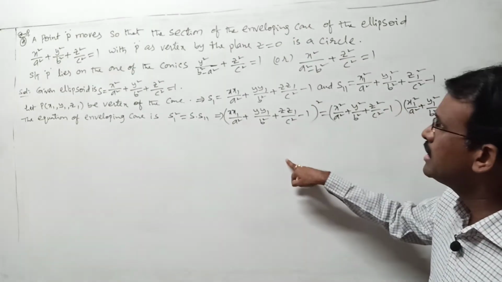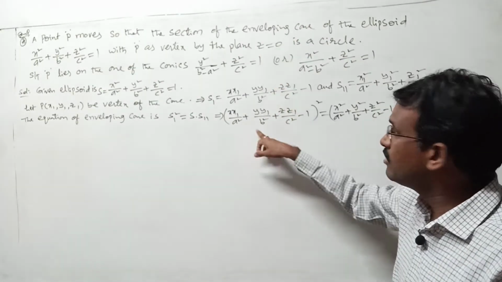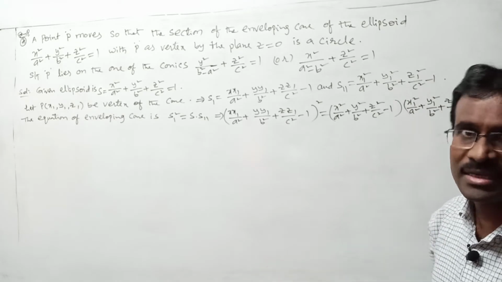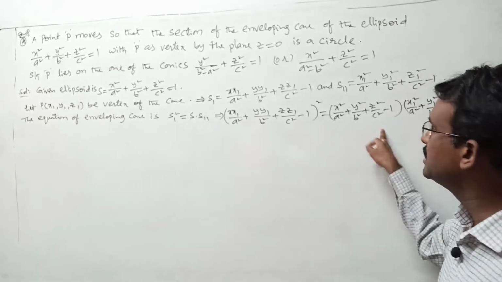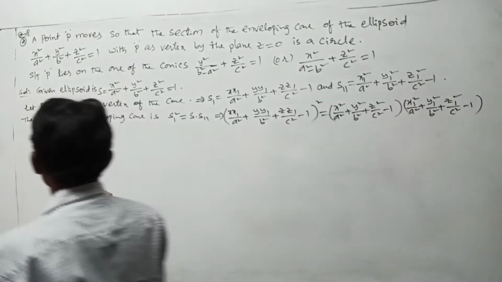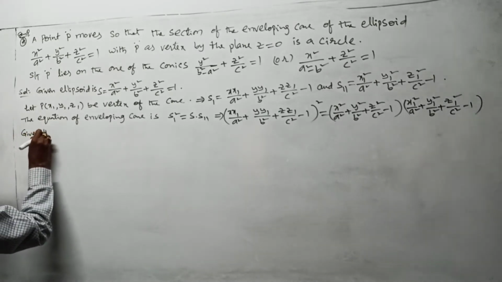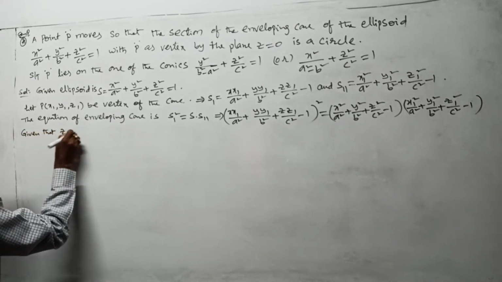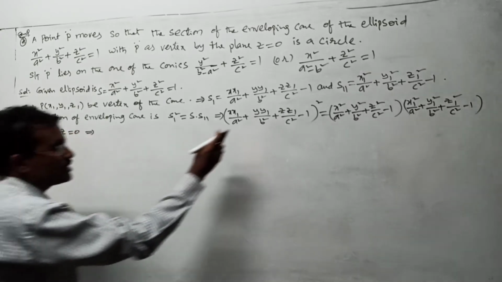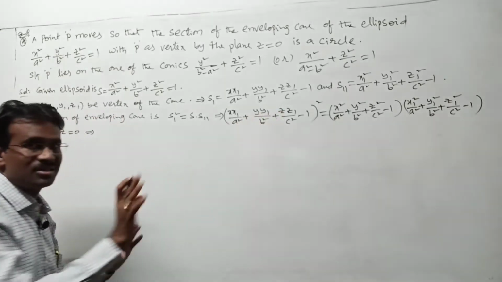But after this, what do they want now? Let us put z equal to 0 here. That forms a circle. First substitute z equal to 0 here. This implies, here we are substituting z equal to 0, z only, not z1.